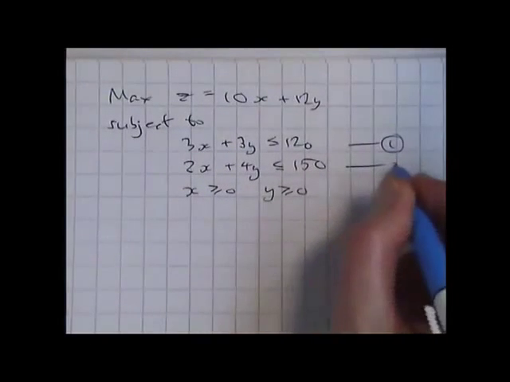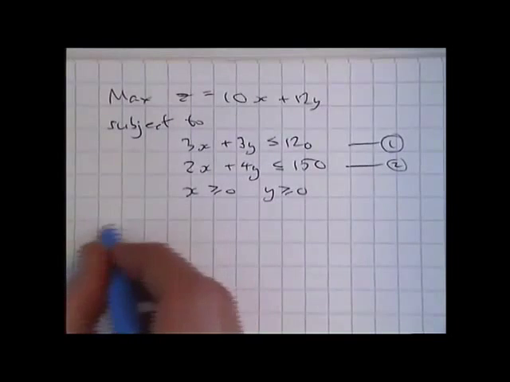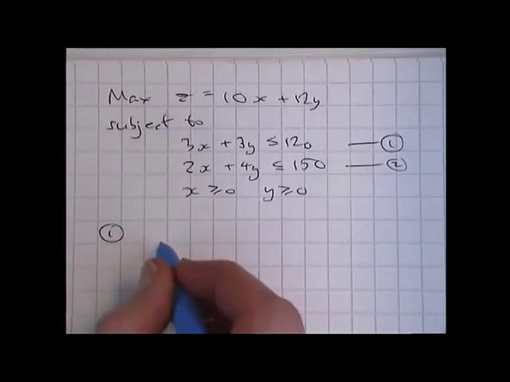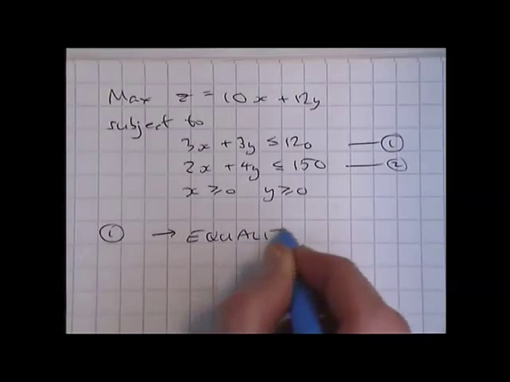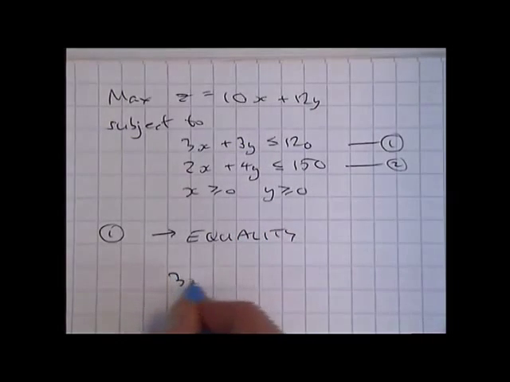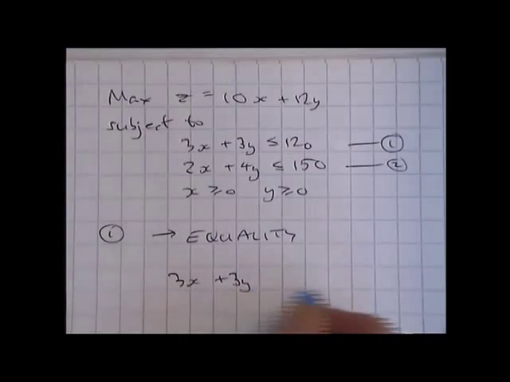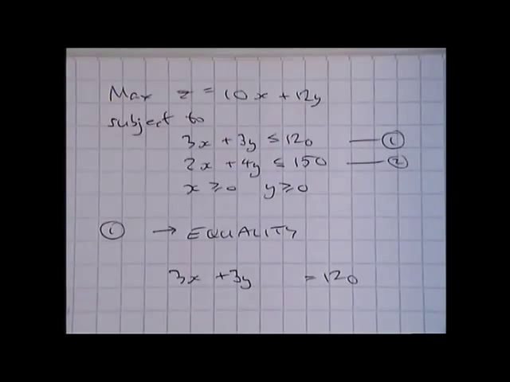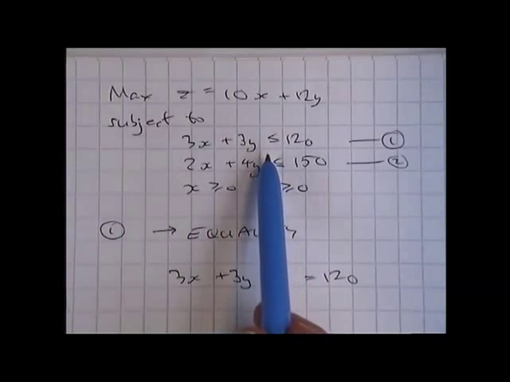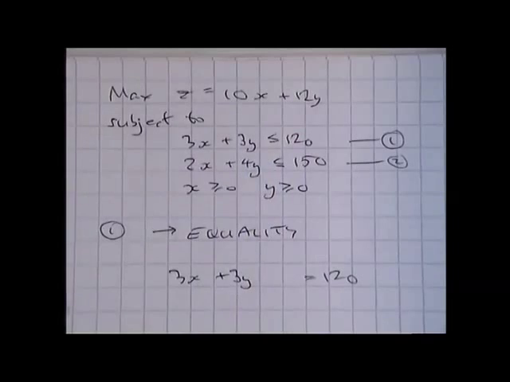So I'm going to label that one number 1 and that one number 2. Number 1, we change from an inequality into an equality. But we don't just write 3x plus 3y, and I'm deliberately leaving a gap here, equals 120, because 3x plus 3y could be less than 120.